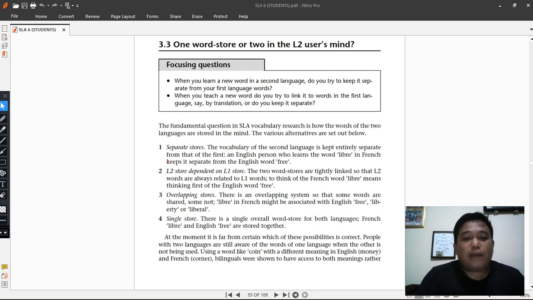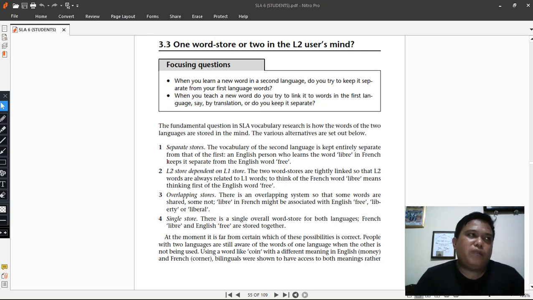And the third, the overlapping stores. There is an overlapping system, so that some words are shared, some not. As its name suggests, these stores are overlapping each other. The first store overlaps the other. So you still have two kinds of stores, but they overlap each other.